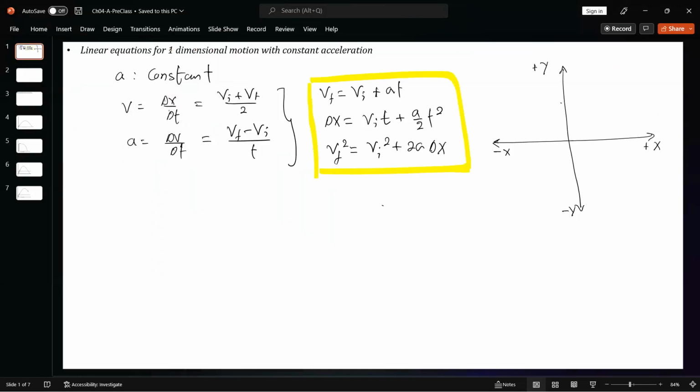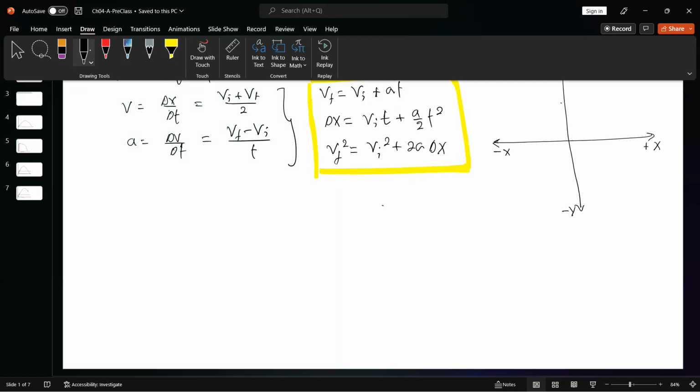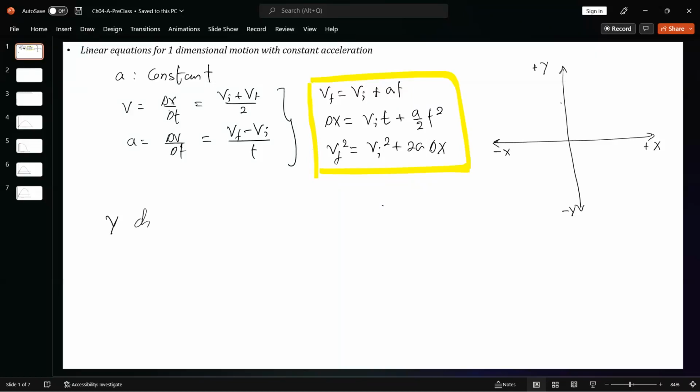Okay, when we're talking about y-axis motion, we're interested only in the y direction, only in motion under gravity, which we generally call free fall motion. If I have an object which is free falling, then the acceleration along the y direction becomes gravity. Gravity is always equal to 9.81 meters per square second.